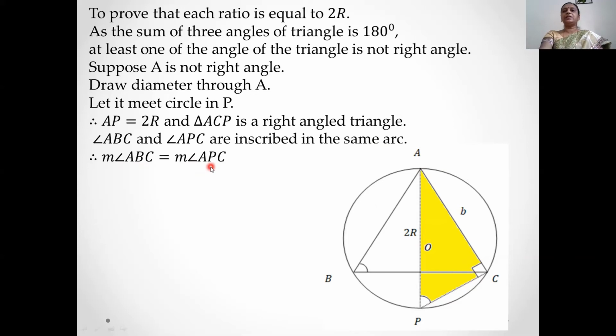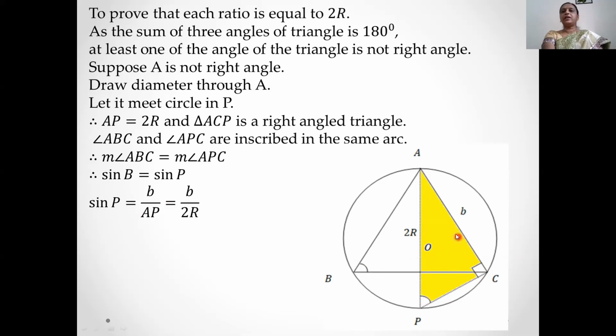If their measure is same, then take the sine of both sides. Means sine B must be equal to sine P, because measure of angle B and P is same. Now we will find out the value of sine P. Consider this shaded triangle APC. In this triangle, sine P will be opposite side divided by hypotenuse.